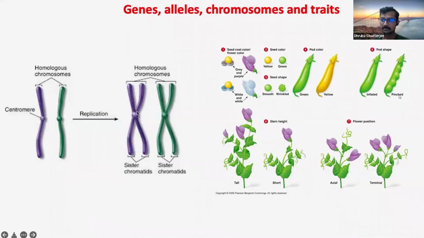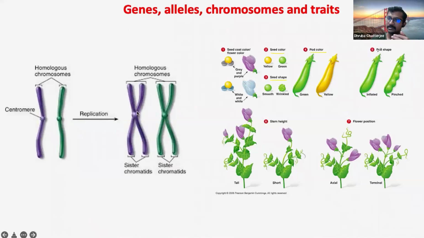What is the pod shape? Or, for example, what is the height of the plant? Stem height, tall and short. And what is the flowering position? Axial, terminal. So basically the phenotypes that he studied are these: the seed color, seed shape, and so on. These are the phenotypes that he studied.